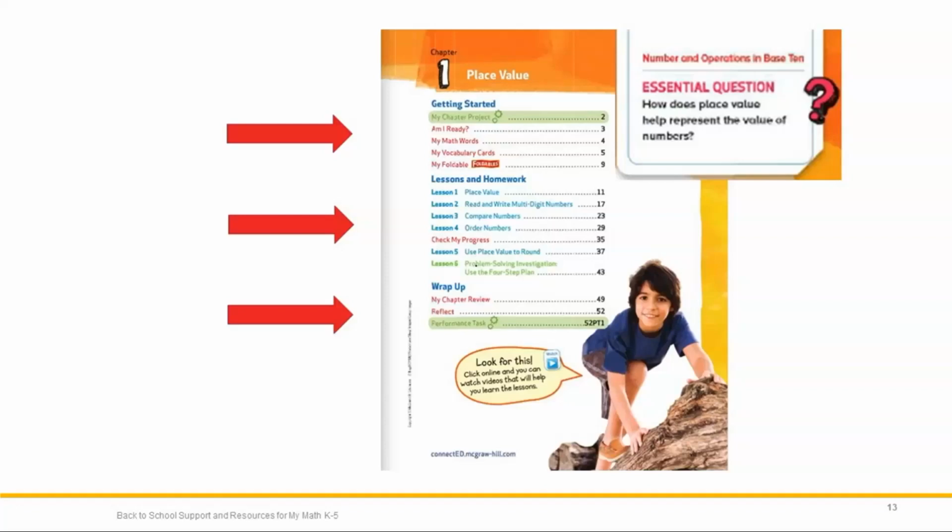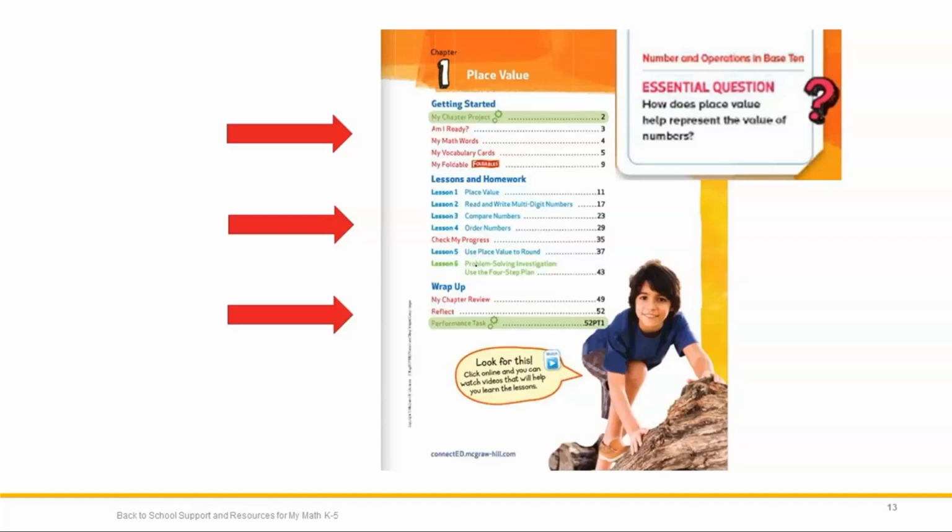Notice at the top of the screen, you have an essential question. I'm going to move that. Every grade level, K-5, every single chapter has an essential question. This is what you're teaching to. So as I look at all the lessons I'm going to teach in this particular chapter, everything I'm teaching moves toward the essential question, so that by the time we get to the wrap-up, students can answer that question.